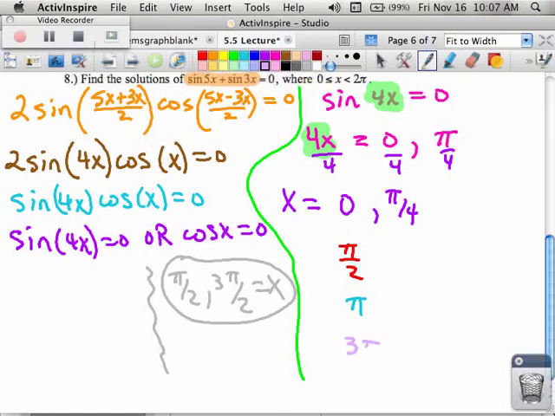If I do that again and I add 2 pi over 4 to 3 pi over 4, there's 5 pi over 4. And if you have any kind of sense of patterns, you know the last one's going to be 7 pi over 4, because the top's just jumping by 2 each time. Congratulations, we're done.